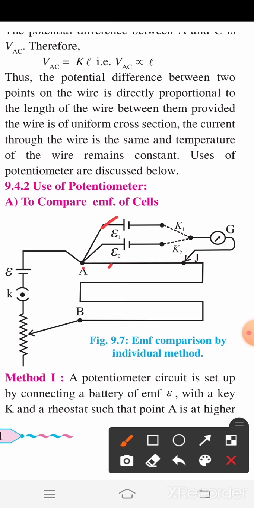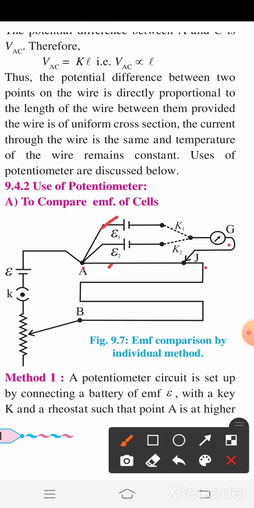The central terminal of the two-way keys is connected to one terminal of the galvanometer, and the other terminal of the galvanometer is connected to the jockey. The jockey can be placed on different points of wire AB to obtain the null point. That is the construction, the setting of the potentiometer circuit to compare the EMF of two cells using the individual cell method or separate method.